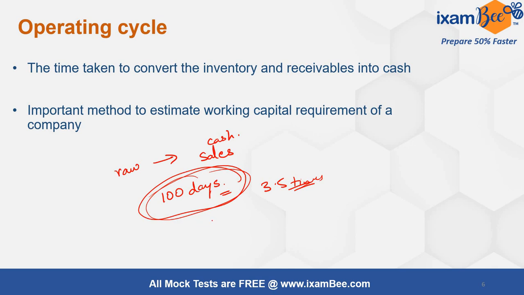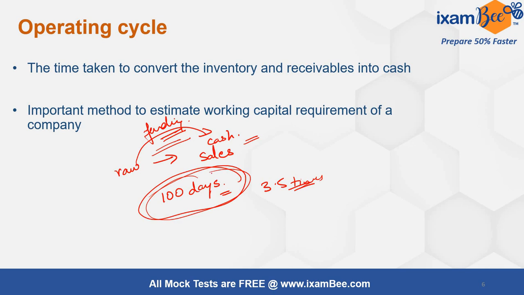This is a very simple way of explaining it, but the operating cycle is necessary, because till the company gets its cash back, it needs funding in between to sustain that duration, which is the operating cycle.